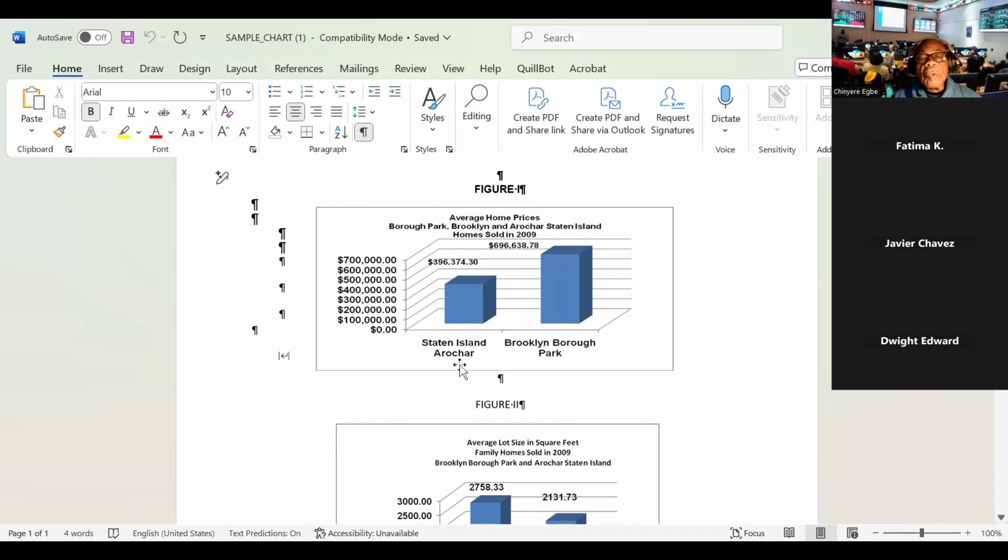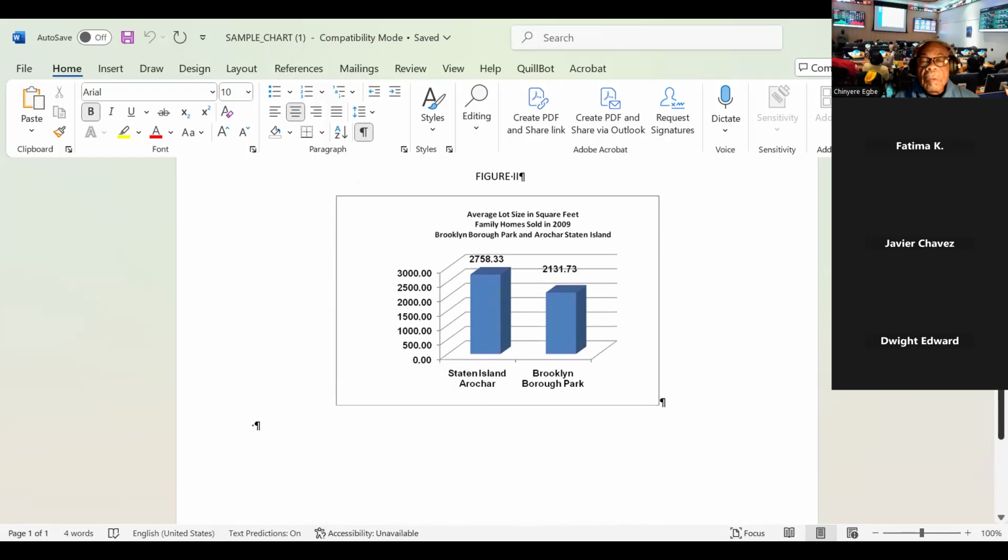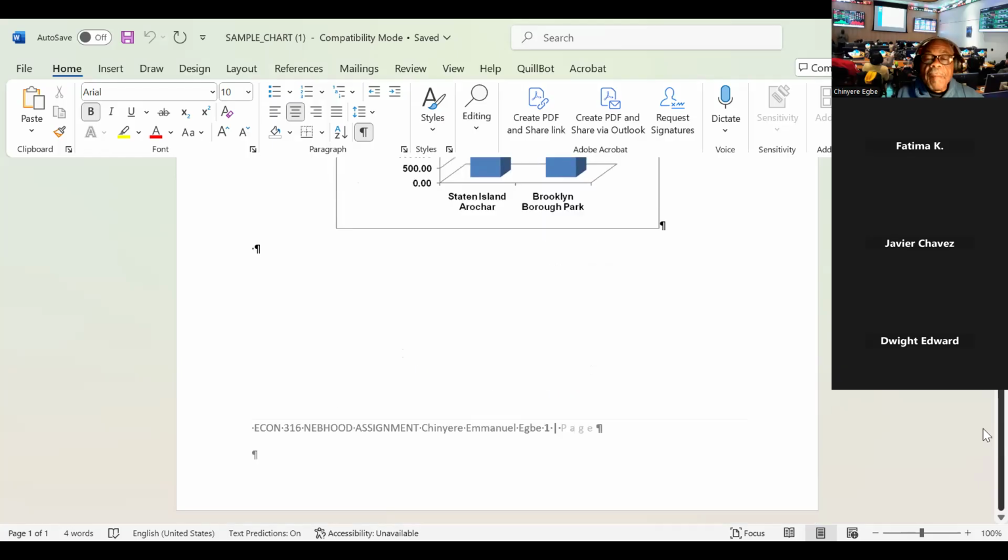I do not want to see variable 1, variable 2. I don't want to see x1 and x2 unless x1 and x2 are the defined variables. But here, I'm saying to compare Staten Island to Brooklyn. And so your chart should be very clear that this is a comparison of Staten Island to Brooklyn, and then you can describe what the charts represent. Okay, so this is a good example.